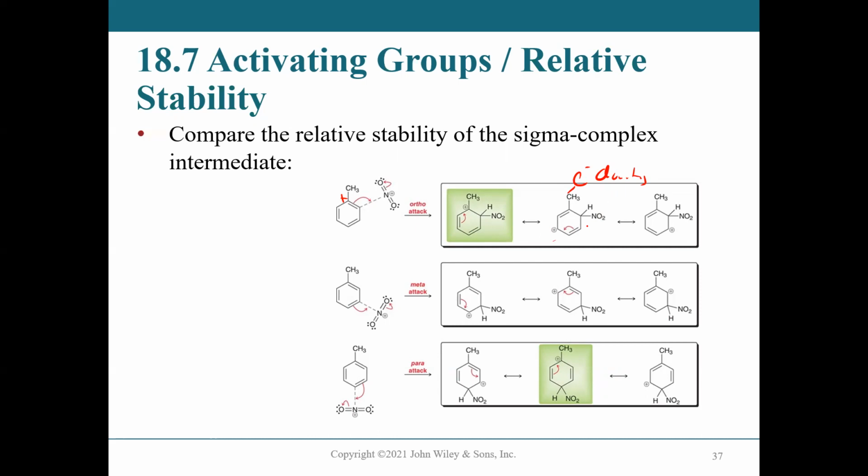Because the ortho and the para attack has a positive charge delocalized adjacent to the electron donating methyl group, this gives a more stable sigma complex intermediate because they're donating electrons, so it's going to be more stable.